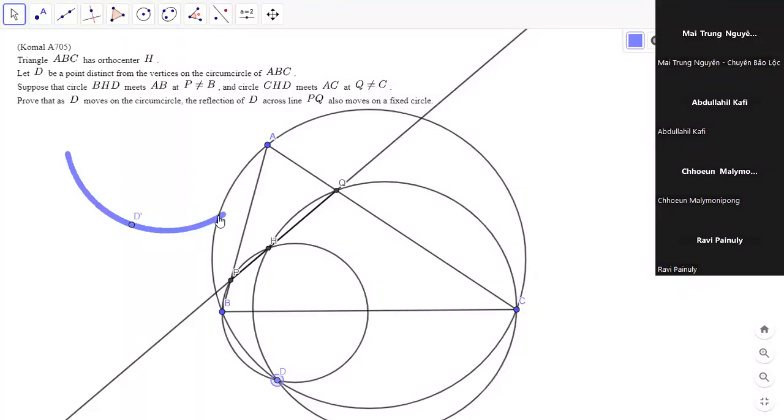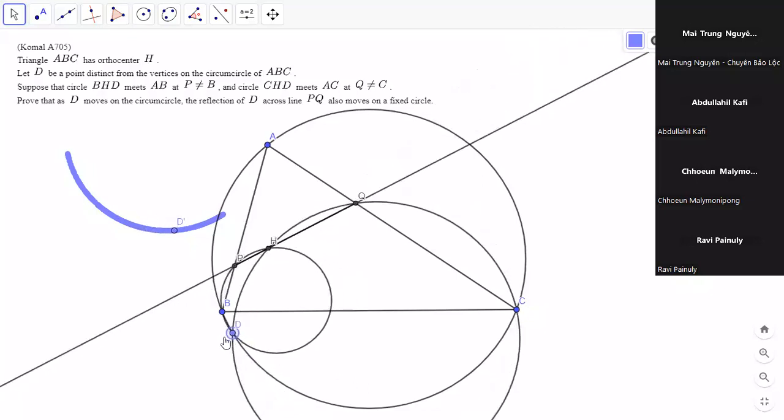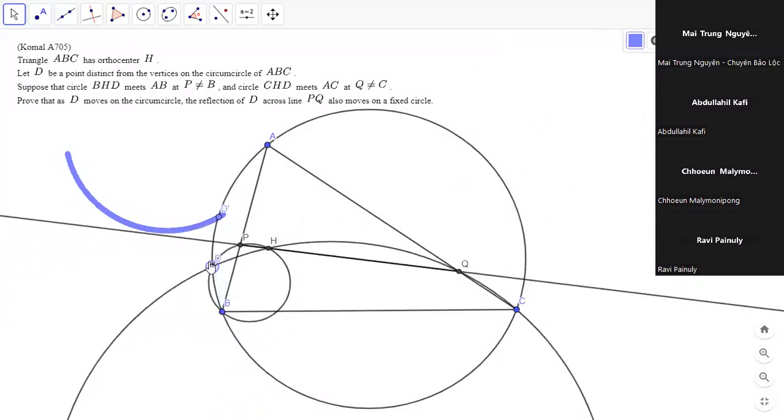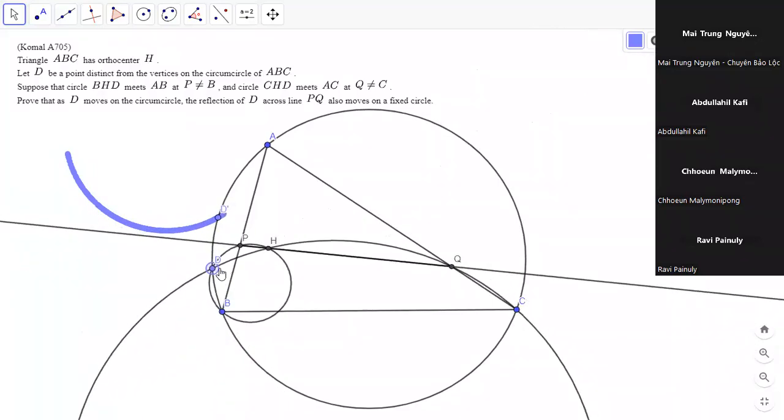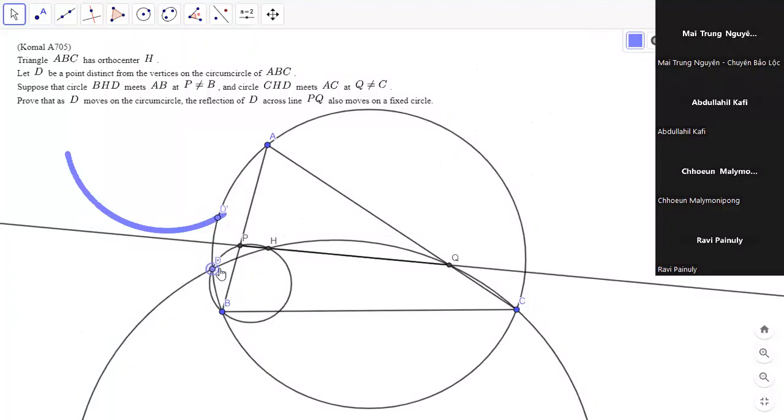Oh, maybe we could say something about this point right here, like where it crosses. So it crosses like right here. Is there anything special about that?